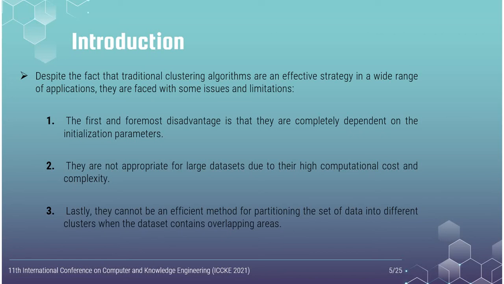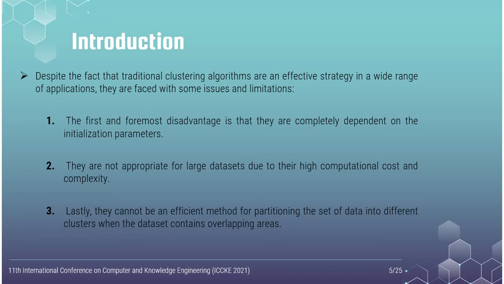Now, if I want to talk about why we use optimization algorithms for the data clustering task, it should be noted that the traditional clustering algorithms, although they are an effective strategy in a wide range of applications, are faced with some issues and limitations. The first limitation is that they are completely dependent on the initialization parameters.